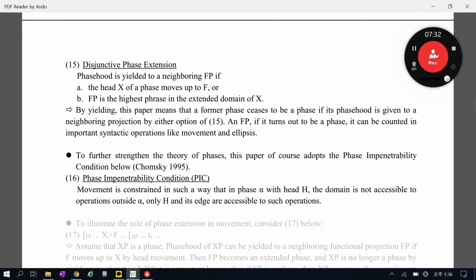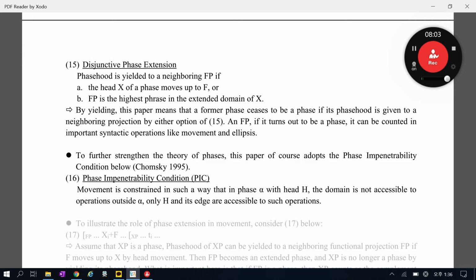15. Disjunctive phase extension. Phasehood is yielded to a neighboring FP if the head X of a phase moves up to F, or FP is the highest phase in the extended domain of X. Here, by yielding, this paper means that the former phase ceases to be a phase if its phasehood is given to a neighboring projection by either option of 15.